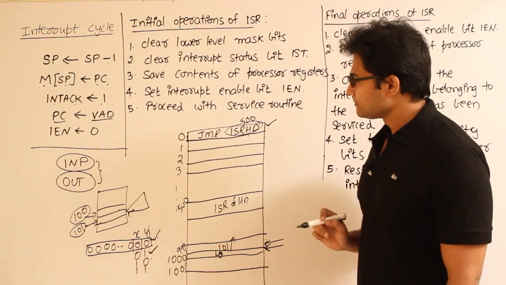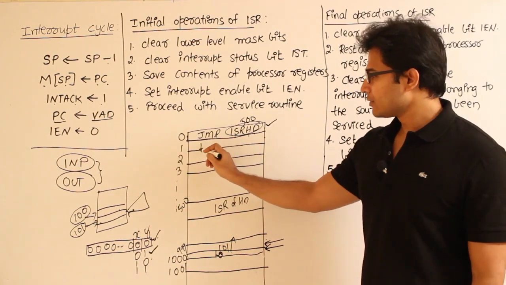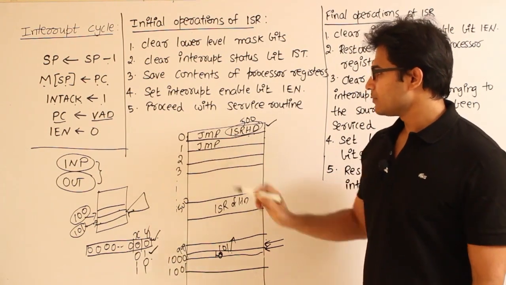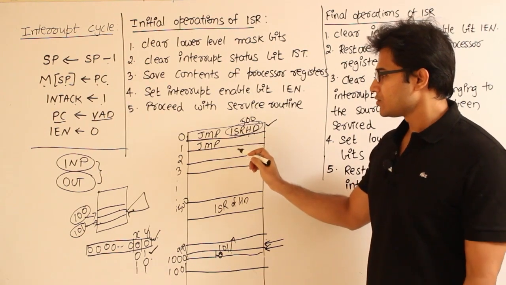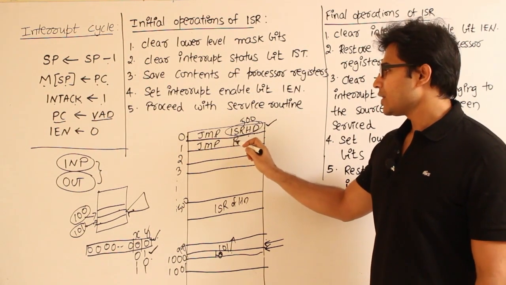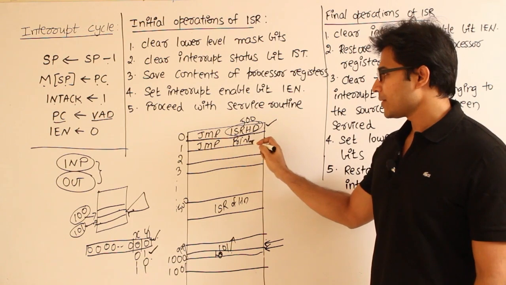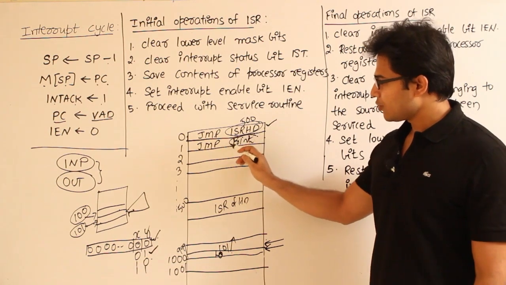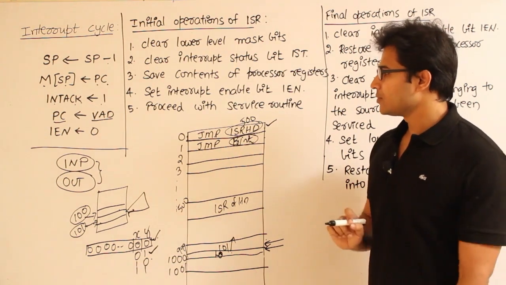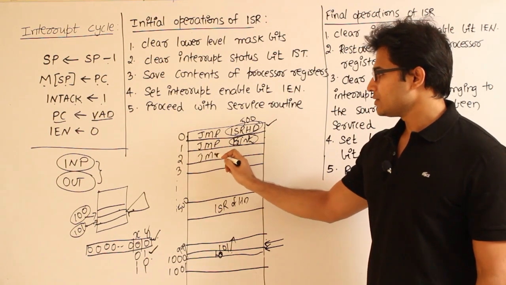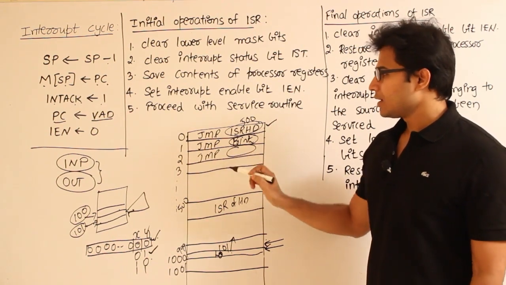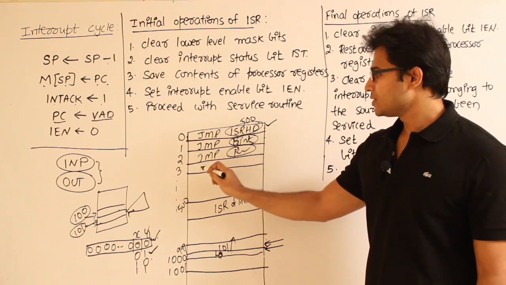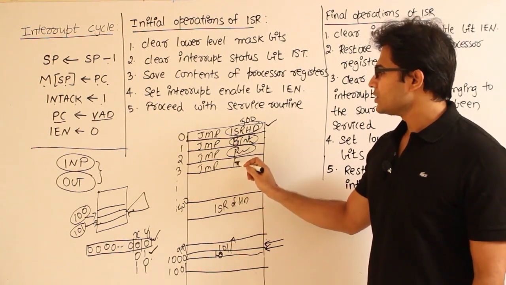Okay, now similarly here there will be jump. So where should you jump here? To the ISR of the printer. I'm just writing it, right? So here the appropriate address of the ISR of the printer will be written, and what should happen here? Jump ISR of the reader, jump ISR of the keyboard, right?